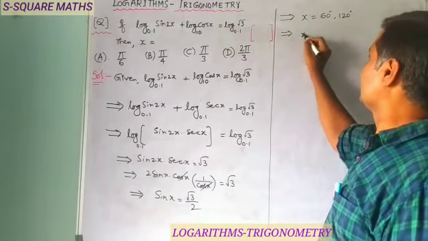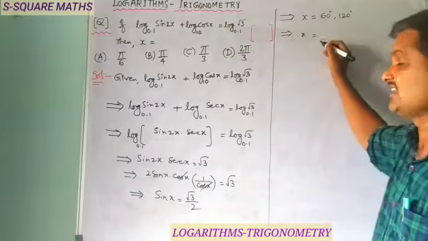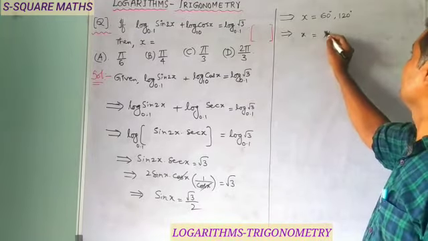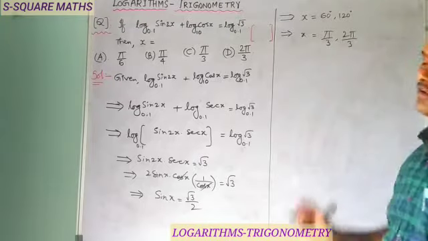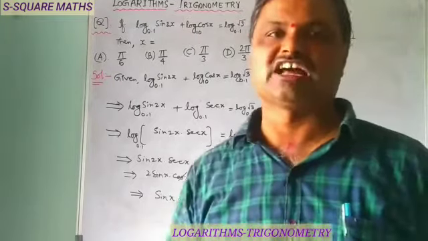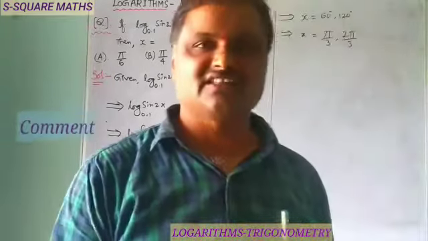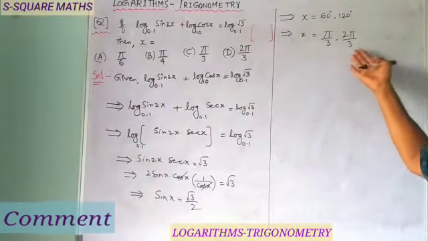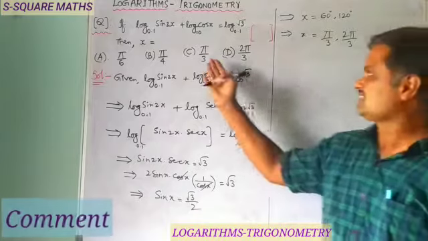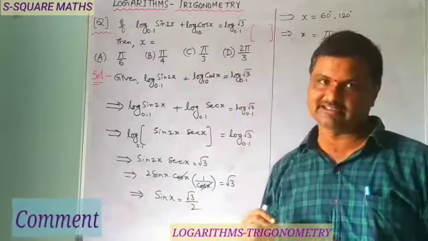Now expressing in radians, this is pi by 3 and this is 2 pi by 3. Now the natural, confusing question arises for the student here: which one to opt, whether it is pi by 3 or 2 pi by 3.